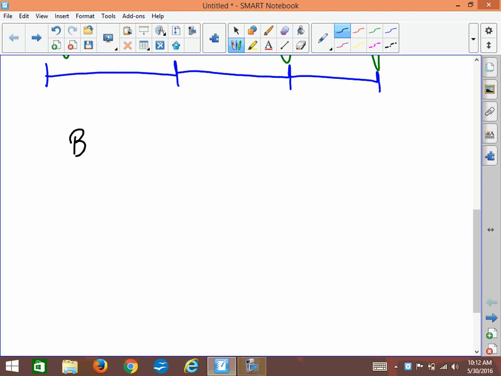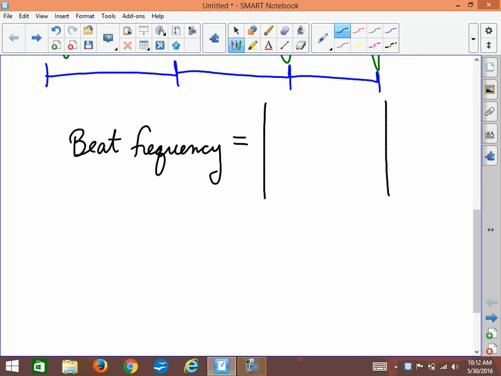Beat frequency is equal to, and we're going to use absolute value signs here, which basically means it's the difference between the two frequencies involved.